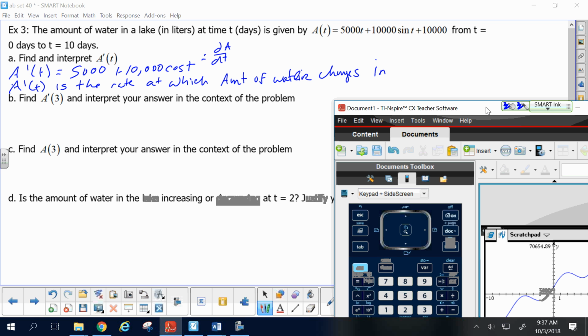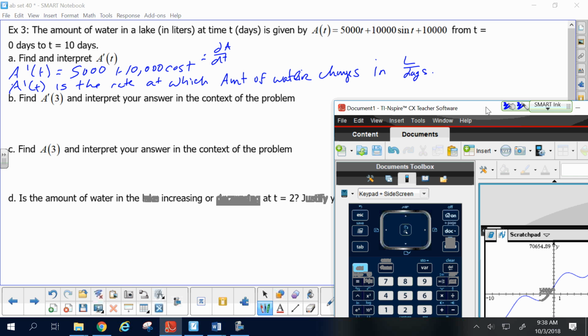A prime of t is changing water over time. It's the rate at which the amount of water changes in, and what are the units? dA/dt: A's units are liters, and t's units are days. So it's the rate at which the amount of water is changing in liters per day. Cool?